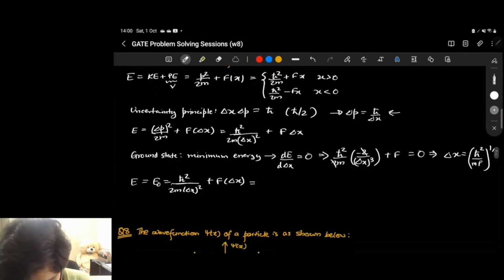So substituting the value, h cross squared by 2m, and delta x is h cross squared over mf to the power 1 by 3, and then squared, that would make it 2 by 3, plus f delta x.